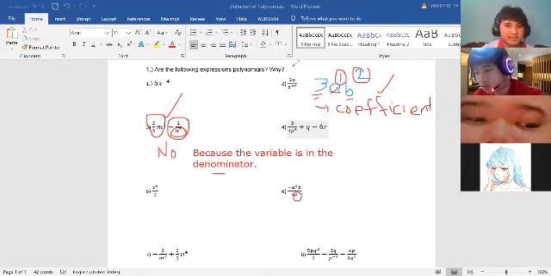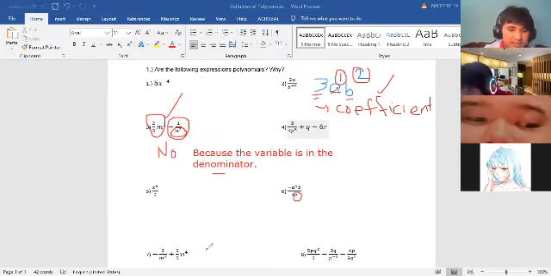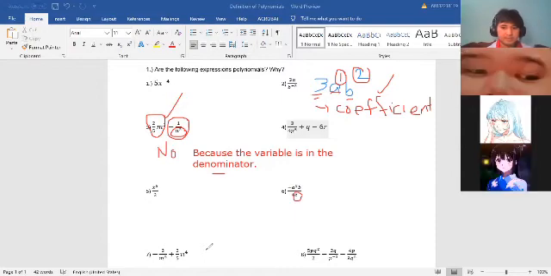That's right. By the way, number 6, the variable c is in the denominator, so it's not a polynomial.